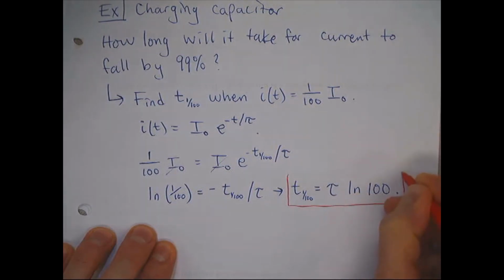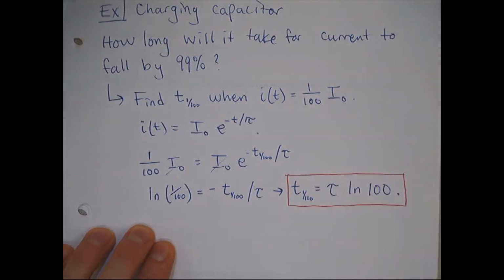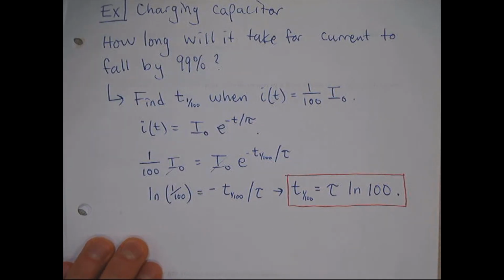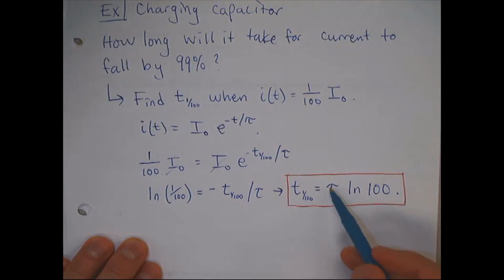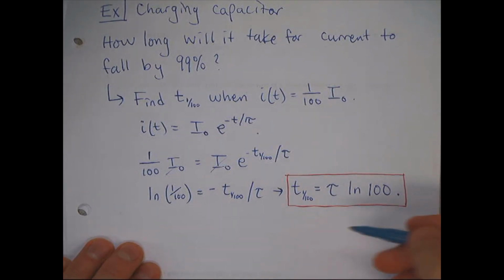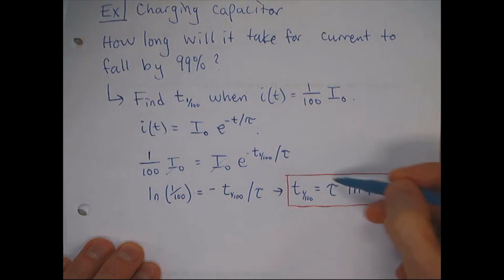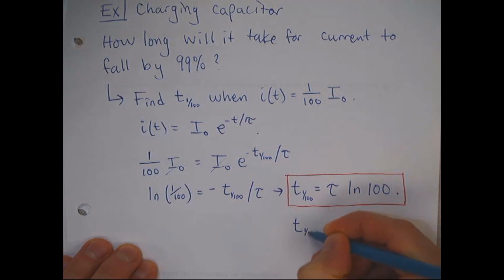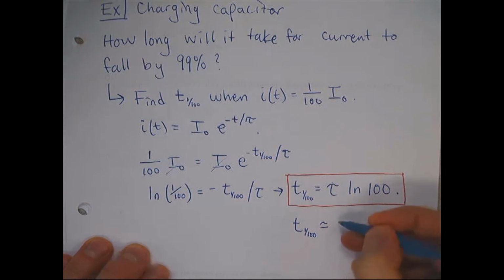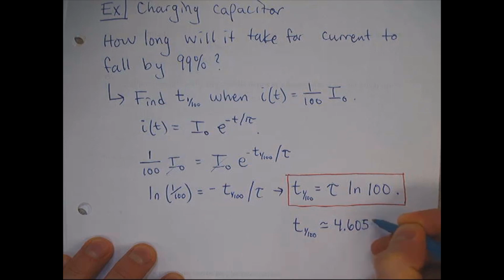And it is perfectly acceptable, right? If we ask you, how long will it take for something to happen, and we haven't told you anything about the circuit, we haven't given you the resistance or the capacitance, you don't know the value of tau in seconds, but it's perfectly acceptable to say we will drop 99% of the current once something like 4.605, that's the natural log of 100, time constants have elapsed.